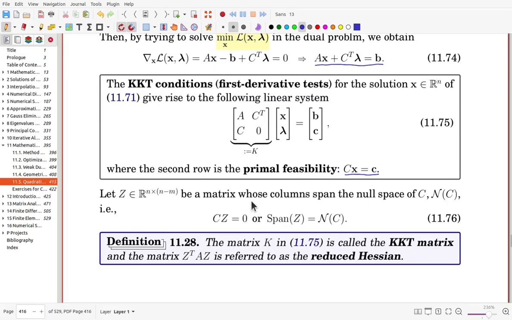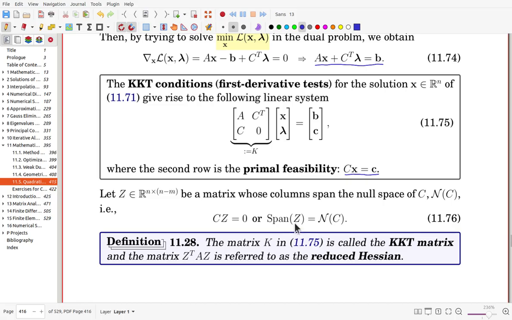We need a little bit of mathematics. The matrix Z is a matrix whose columns span the null space, which means that Z is a collection of basis vectors of the null space of C.